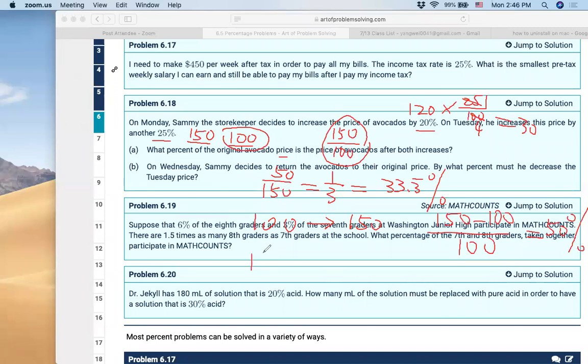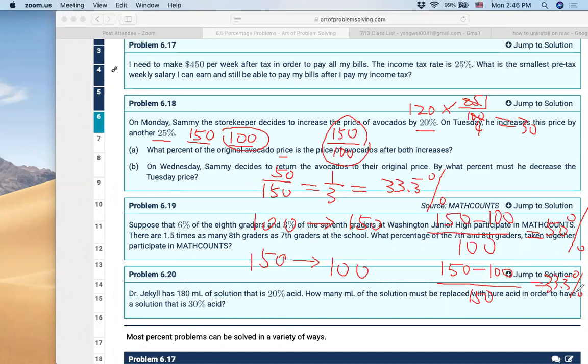But if you decrease from 150 to 100, that's not a 50% decrease. You calculate 150 minus 100, then divided by 150, which gives you 33.3%, right?